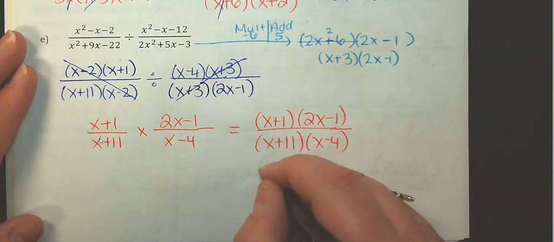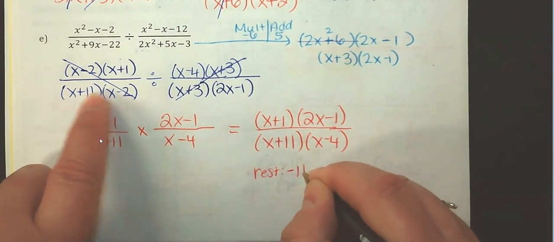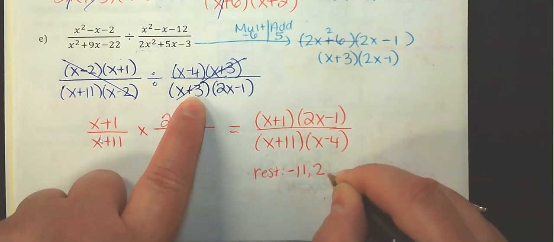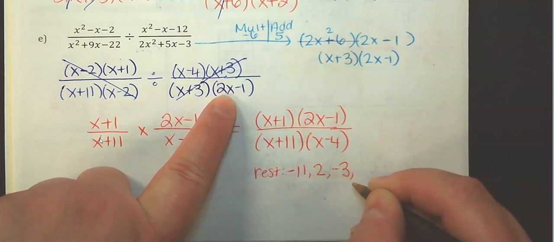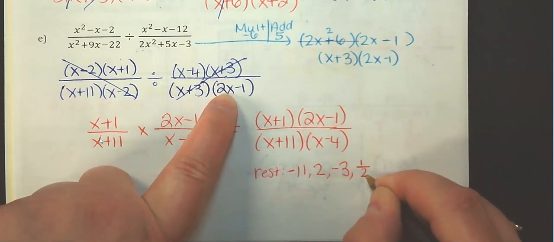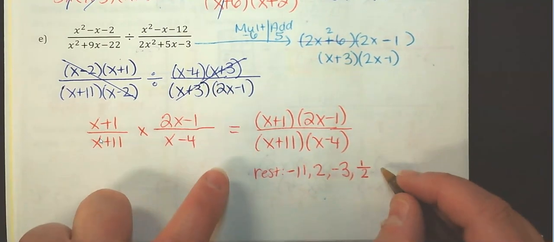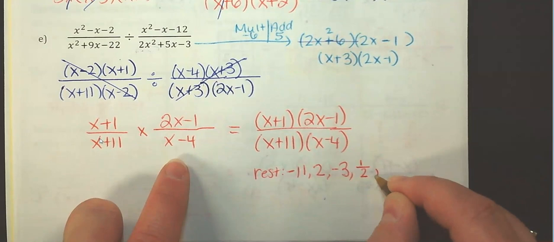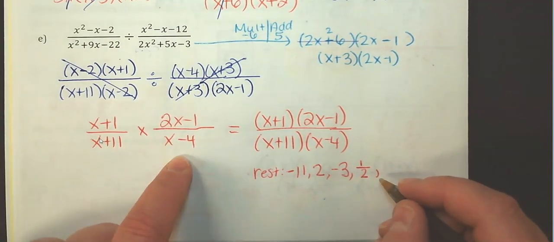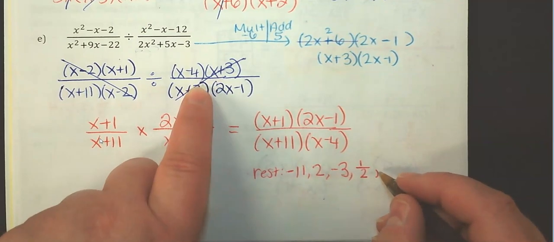And then my restrictions. Okay, let me go back. My original problem, I got -11 as a problem, +2, -3, and that 2x minus 1, I would add 1 and divide by 2 if I set that equal to 0. So that's going to be 1/2. And then the only other thing I got to worry about when I flip that fraction over, I already had the x plus 3 taken care of, so don't worry about that.